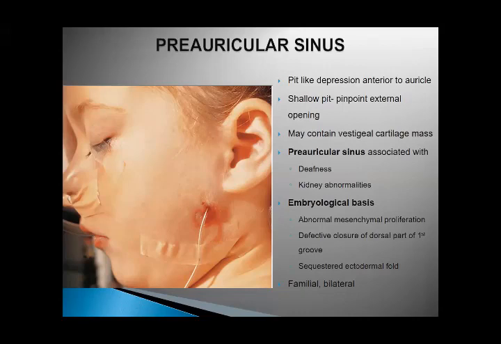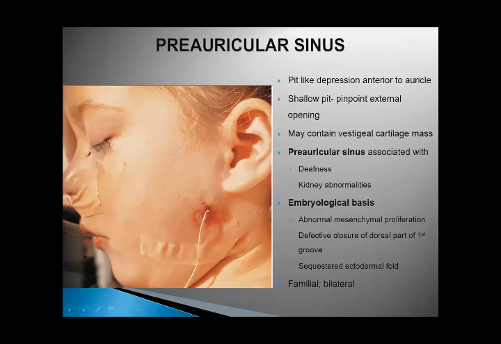So it could be because of defective closure of the first groove, या more commonly जो ectoderm है ना, इसका एक fold that falls inside and remains inside, developing into the sinus. इसको हम simply कहते हैं sequestration of ectodermal fold, meaning that the overlying ectoderm just folds upon itself and comes to lie under the developing skin over here.